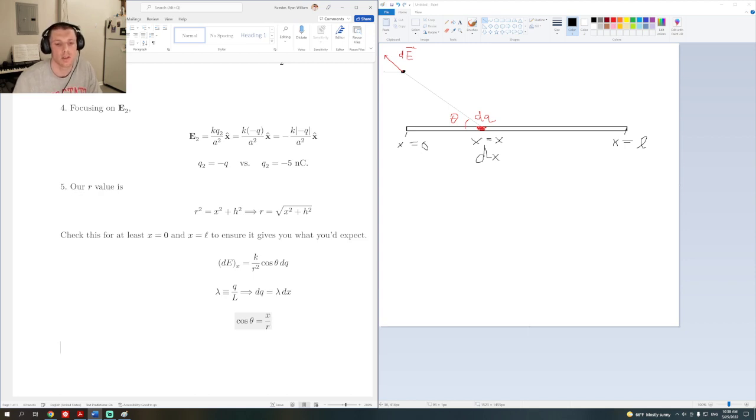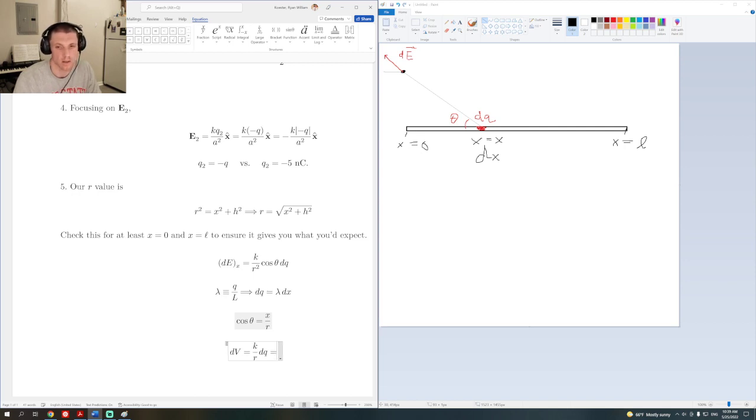Now, the potential is almost exactly the same thing, except there is one thing that makes it nicer, and that's that potential is a scalar. So we don't need to write anything like cosine or sine. So our potential is just going to be this.